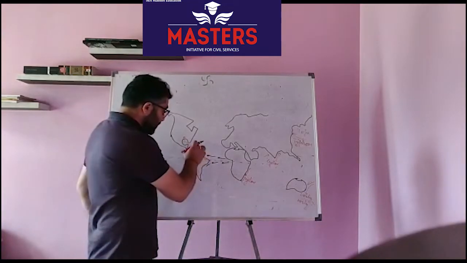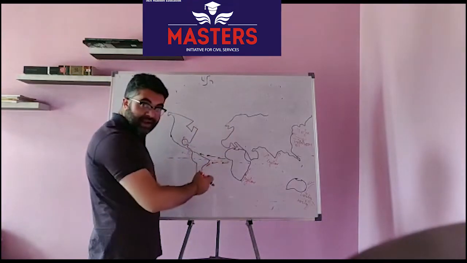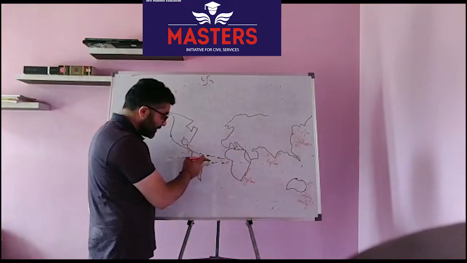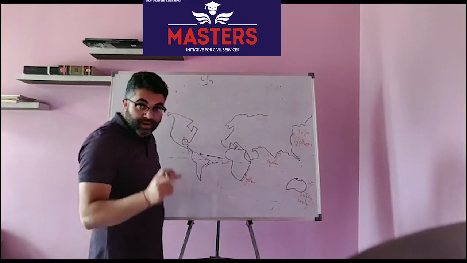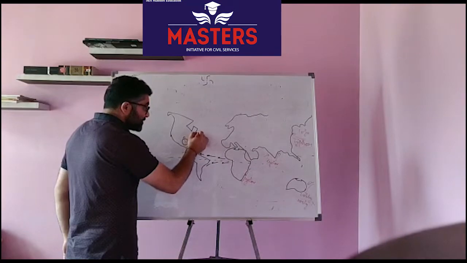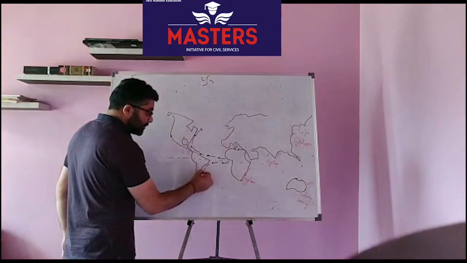So because of these prevailing winds and the rotation, ocean currents at the equator move from east to west. From the western part, they move towards polar areas.